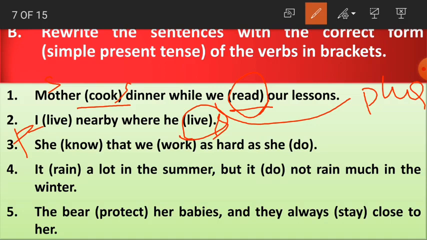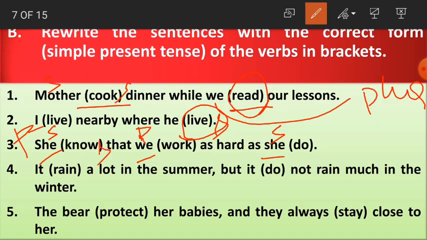She know that we work as hard as she do. She, what is it? Singular. Again we, plural. She, singular. So here do we have to add or not? Yes, add s.